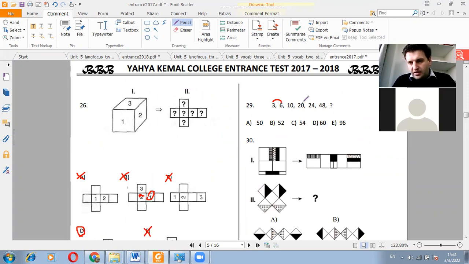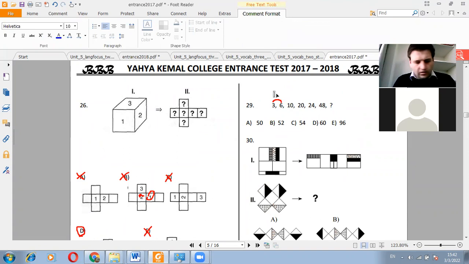Then we have 10, 4. This is 14. So it does not increase additionally only. We may say times 2. Better if I write down like this. So here we have times 2. Then we have plus 4.